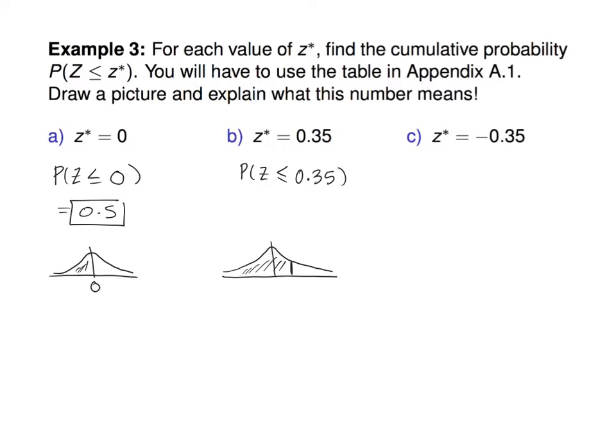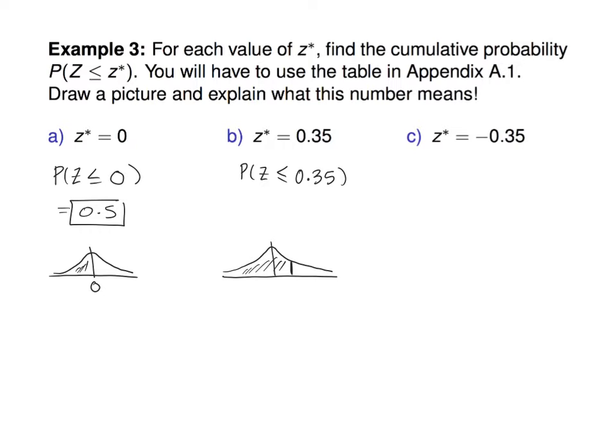All right, so ready for the table. The front page does negative z's. The back page does positive z's. Turn to the back page. How this table works: the left column that says z does the whole number and the tenths place. So our z is whole number 0, and then the tenths is a 3. So go in the table until you see 0.3. That would be the fourth one down, right?